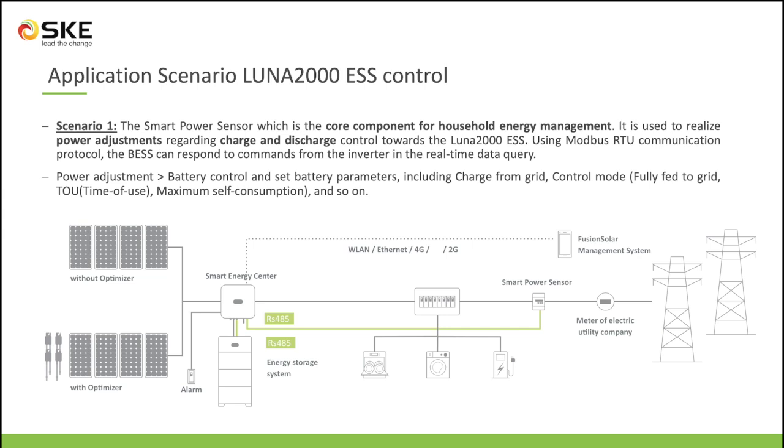But for our own use and for our management and our communication to a third-party management system or our Fusion Solar management system, we do have to install the smart power sensor. It communicates via Modbus RTU protocol directly to the inverter, and the inverter is communicating again to the Luna 2000. So this is how it looks.